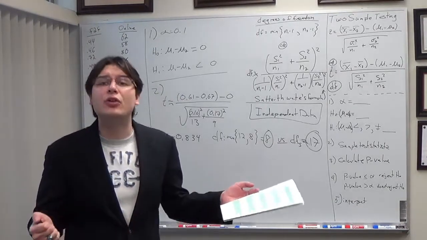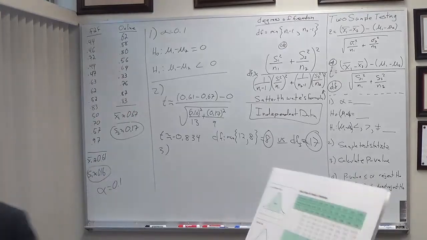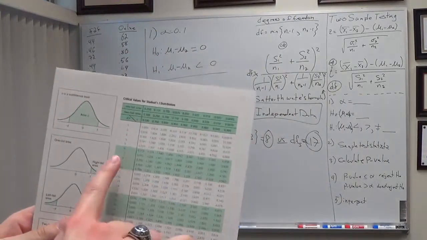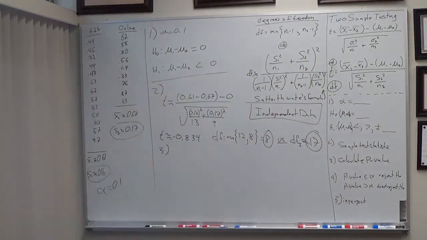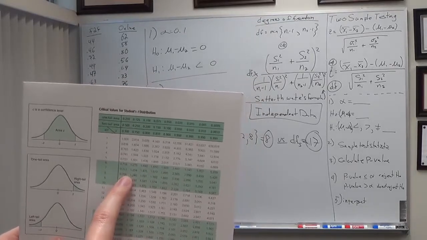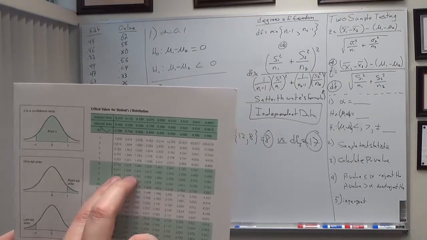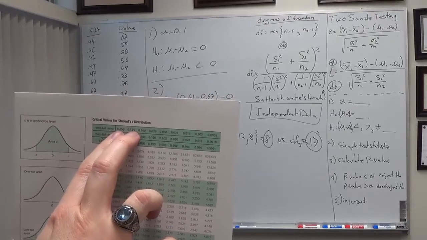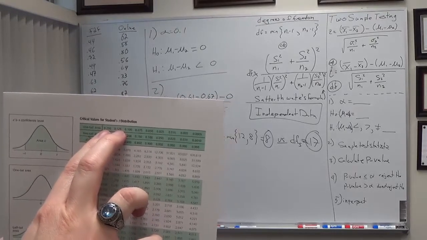In fact, let's look. If we go with 8, we're looking up a t-value of negative 0.834. We chop off the negative with the t-distribution when we look up in our chart. So we're going with 8, and we're looking for 0.8, and that's living in between these two. We go up and look at our one-tailed area, and we get between 0.125 and 0.25.